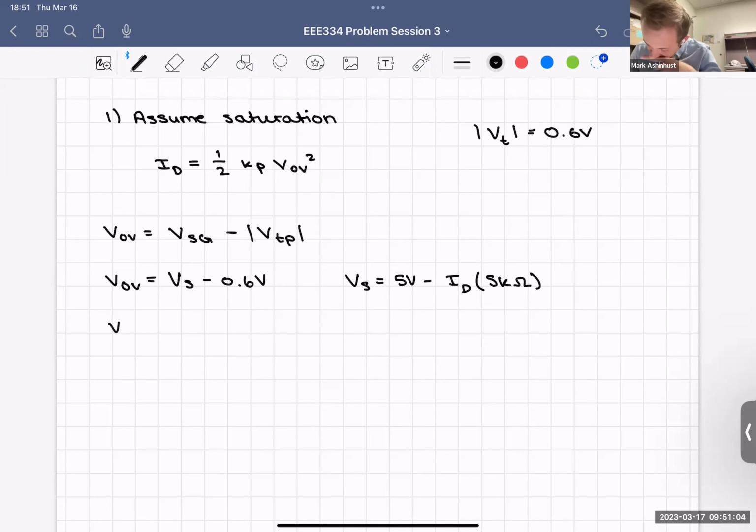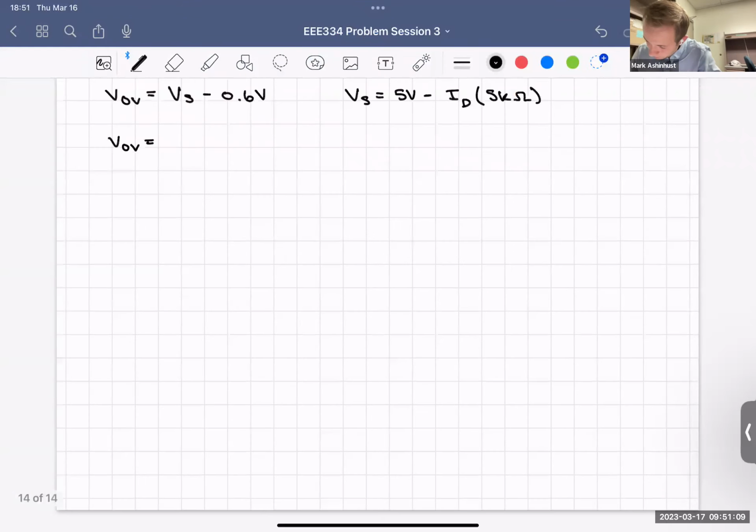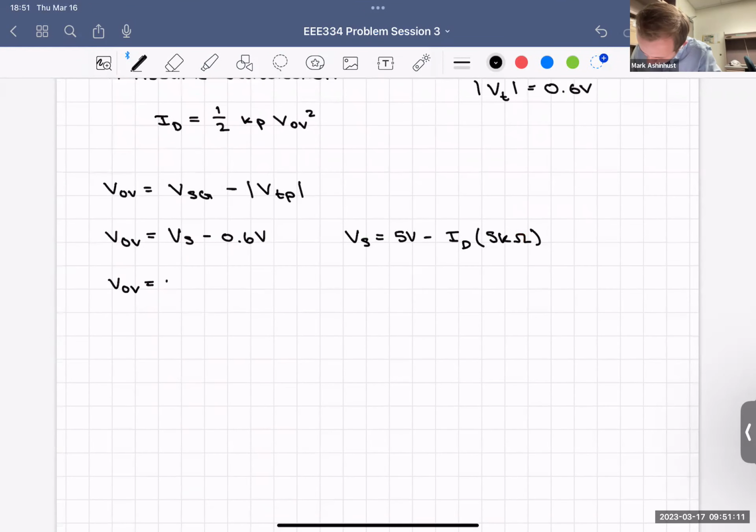Cool. So what's VOV? VS minus 0.6. So it's 5 volts minus 0.6 volts, which is 4.4 volts, minus ID times 5 kilo ohms. Great, good, nice solve.